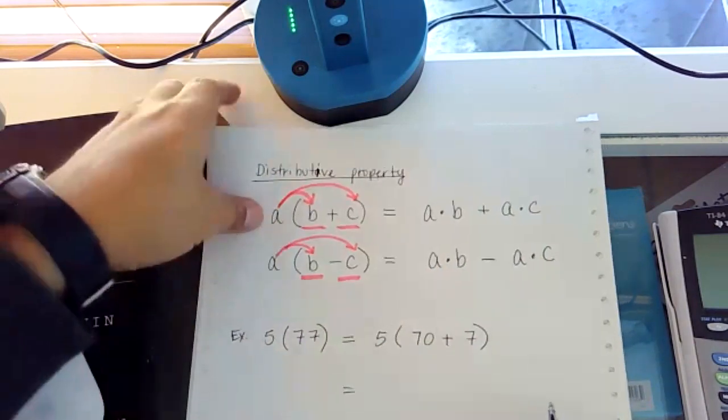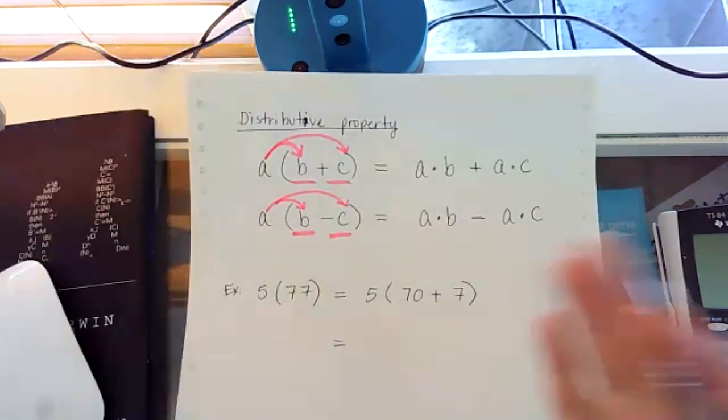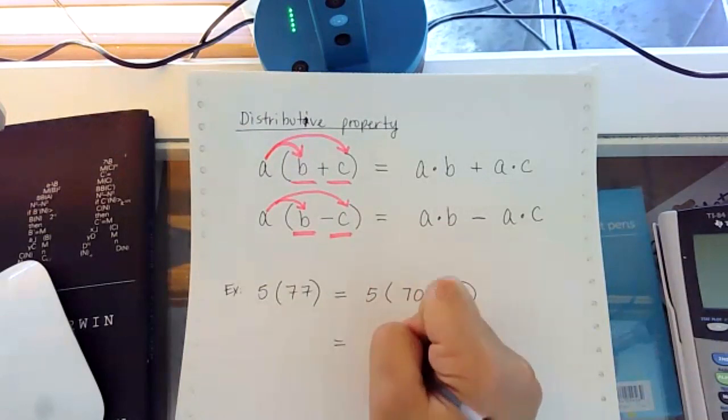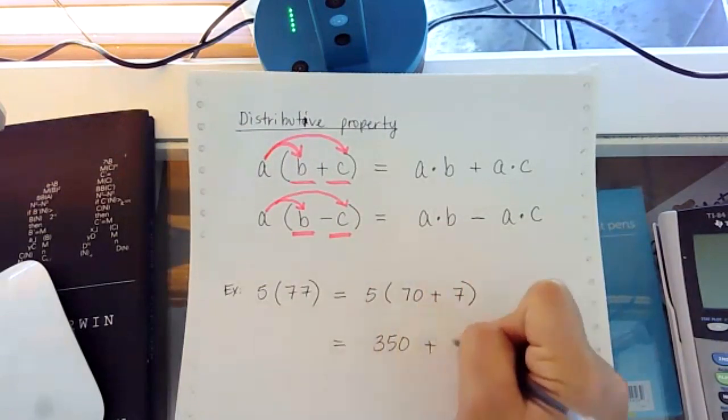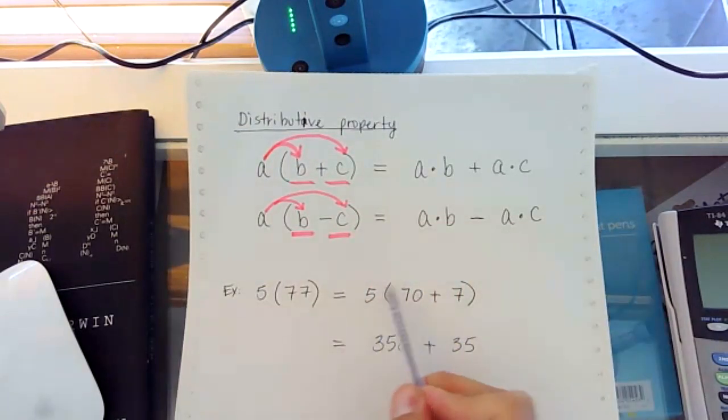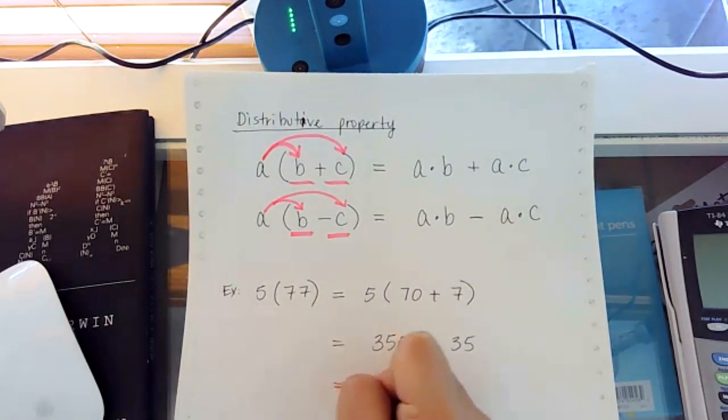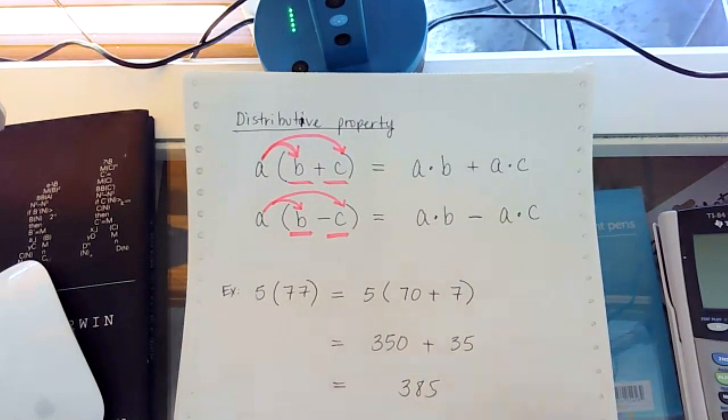And then in my head, I know I'm writing it down, but you might say in your head that this should be 350 plus 35, because I can do that multiplication. And then at the end of it, you add them together and you get 385.